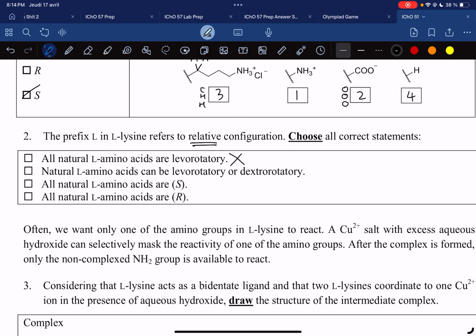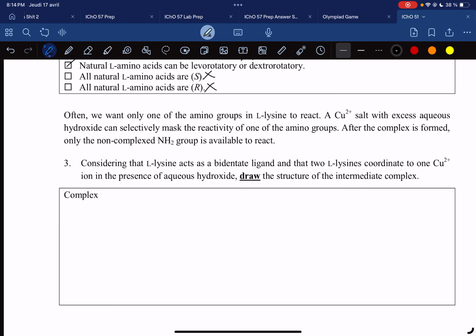All natural L amino acids can be levorotatory or dextrorotatory. That is correct. All natural L amino acids are S. No, all natural L amino acids are R. Nope, that is not correct. L doesn't mean that. That's not its definition.